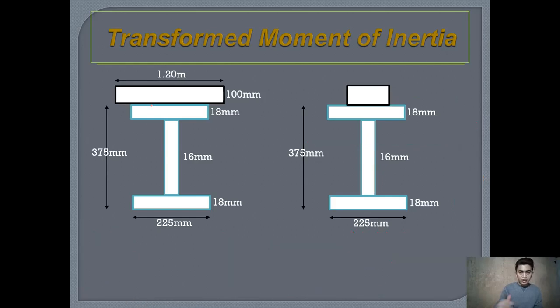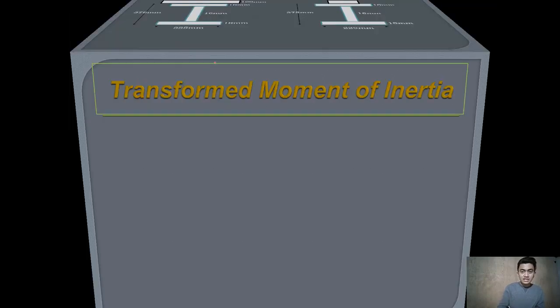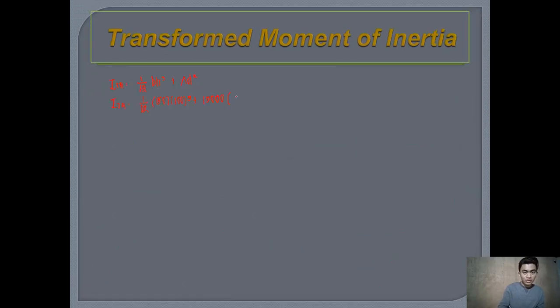All right, so I will have here the base now, which is equal to 150 times the height of 100 cube plus an area which is 15,000, and then the distance from its centroid to the neutral axis is 112.61. So I will have here 112.61 squared.